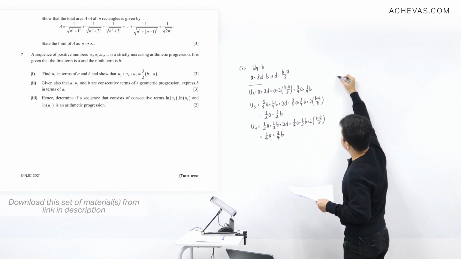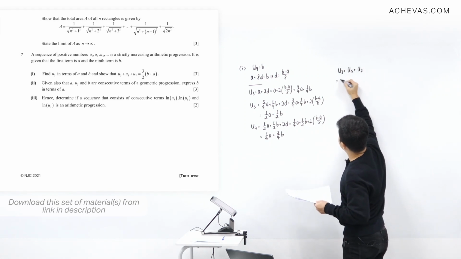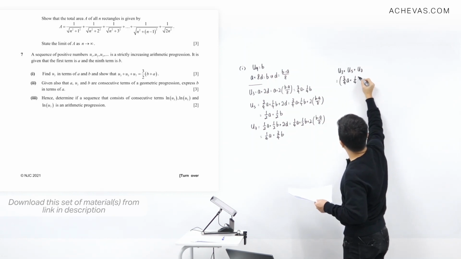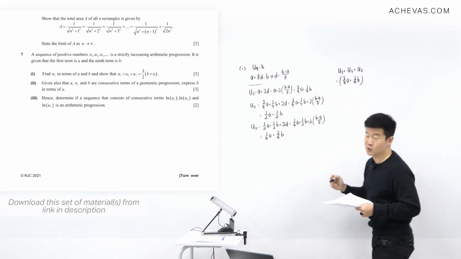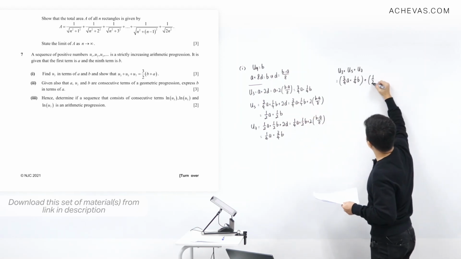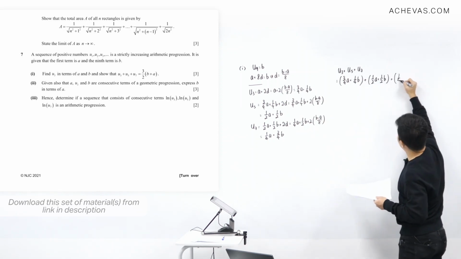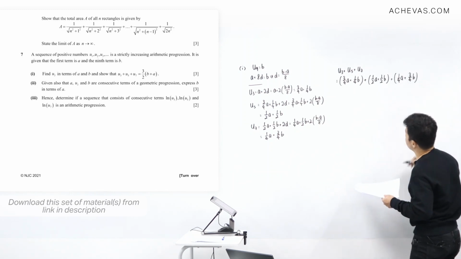So what is u3 plus u5 plus u7? It is going to be equal to 3 over 4 a plus 1 over 4 b, this is u3, plus u5, which is 1 over 2 a plus 1 over 2 b, plus u7, which is 1 over 4 a plus 3 over 4 b.